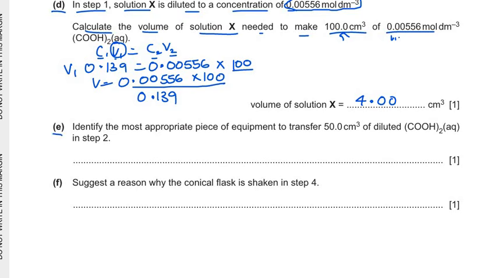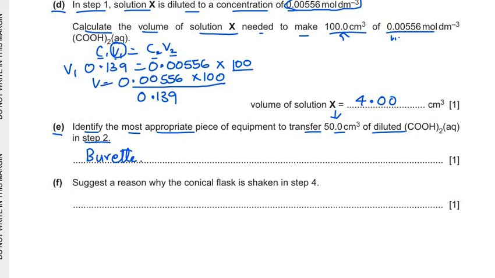Okay. E. Identify the most appropriate piece of apparatus to transfer 50 centimeter cube of diluted solution in step 2. Now if we want to transfer 50 centimeter cube and most appropriate, that is most accurate, then it's a burette which we can use to transfer 50 centimeter cube.